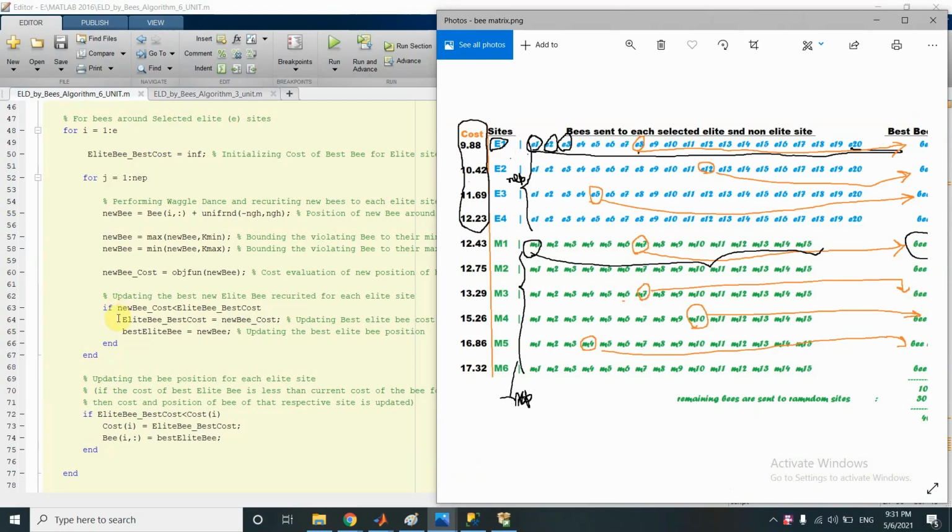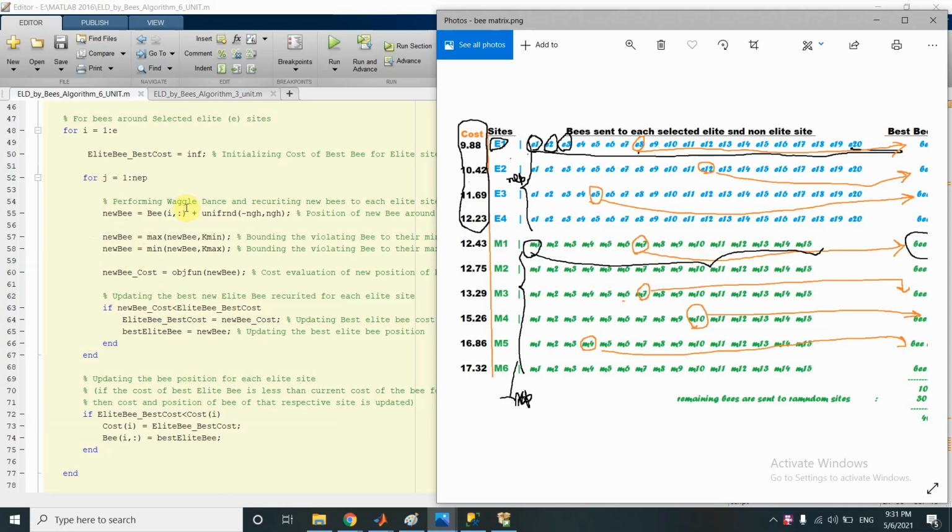So for that, we will continuously update the elite bee best cost variable throughout the iterations of this for loop. After we have calculated the cost of the new bee, we check whether it is better than the existing value stored in elite bee best cost.